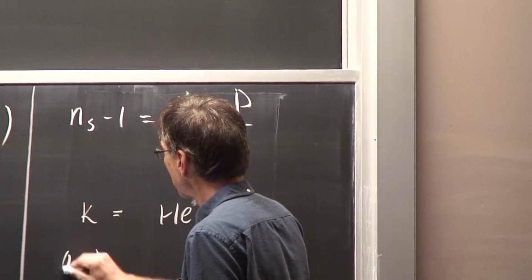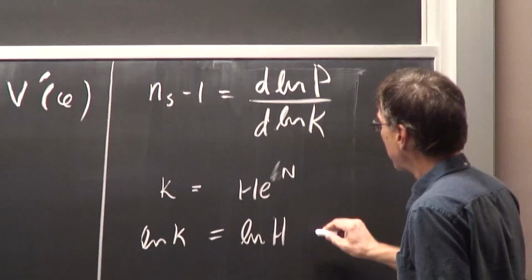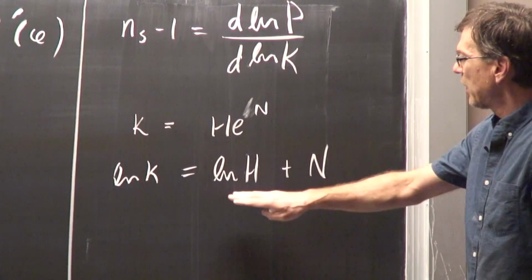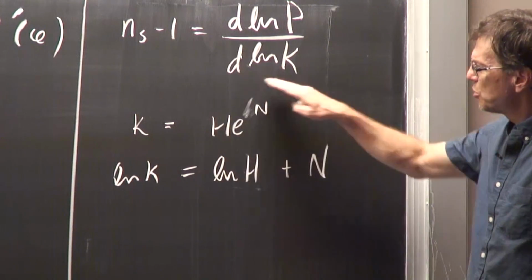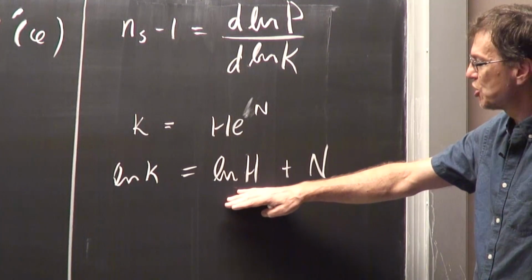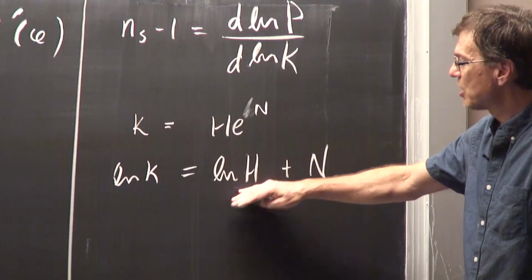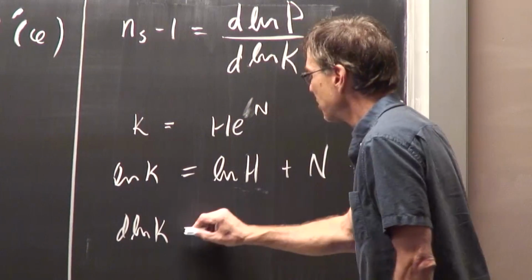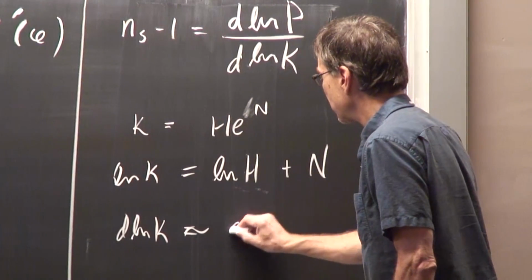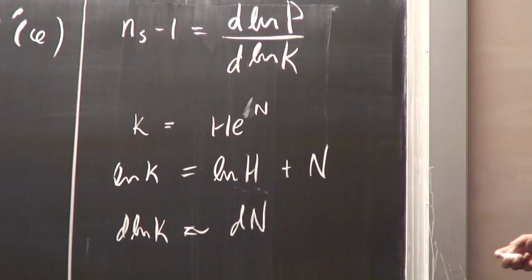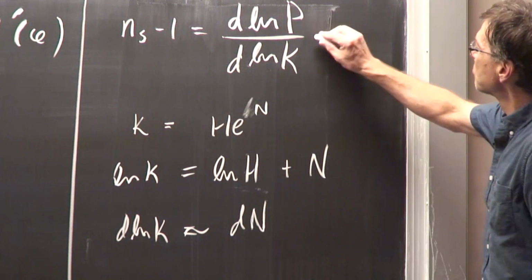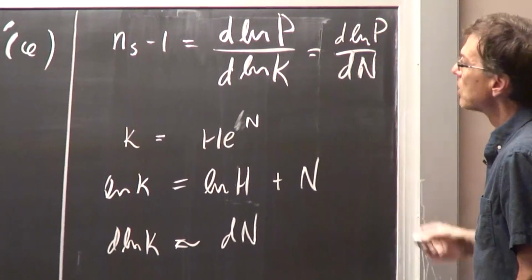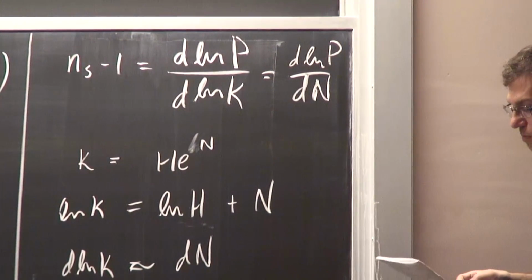So log k is equal to log H plus N. And if we want to do this very exactly, we should also differentiate the Hubble parameter. It's not exactly constant, but usually it's quite a good approximation to ignore that and just say that d log k is dN. So we can write that as d log P with respect to e-foldings.